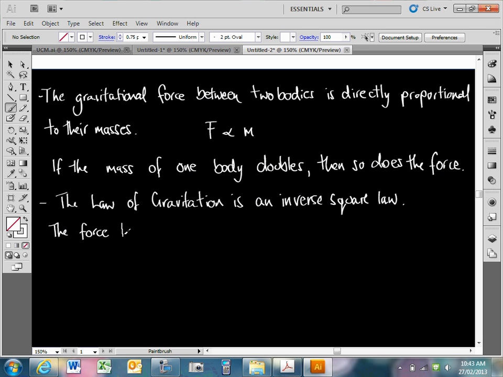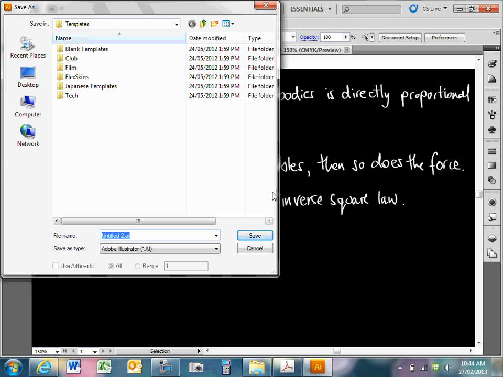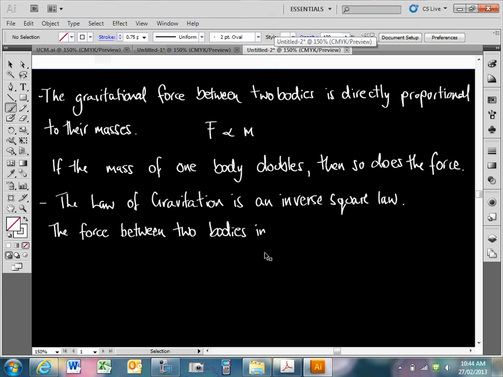This says that the force between two bodies is in inverse proportion to the distance between them.